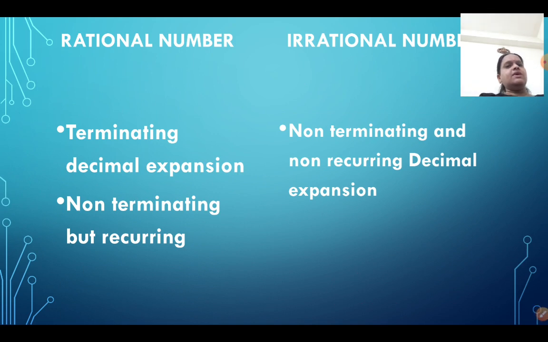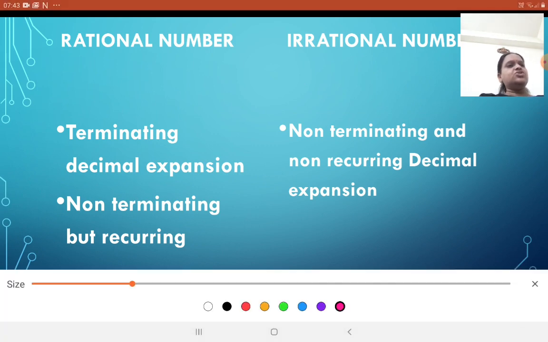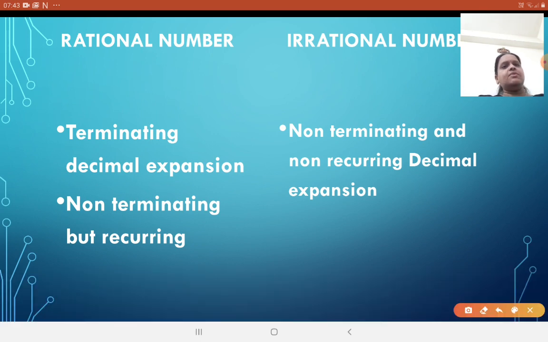Now by using these three concepts, we will divide numbers into two parts. One is rational numbers, the second is irrational numbers. So which numbers are called rational numbers? Terminating decimal expansion. If the number has a terminating decimal expansion, meaning you get the remainder as 0, then these numbers are called rational numbers.